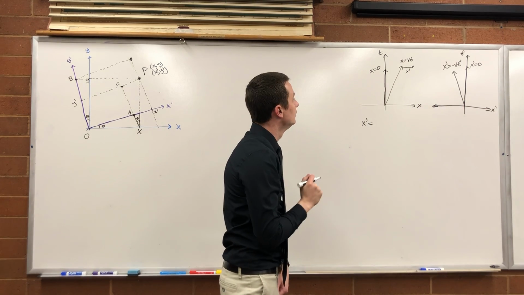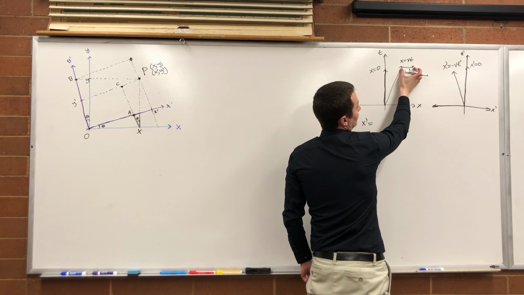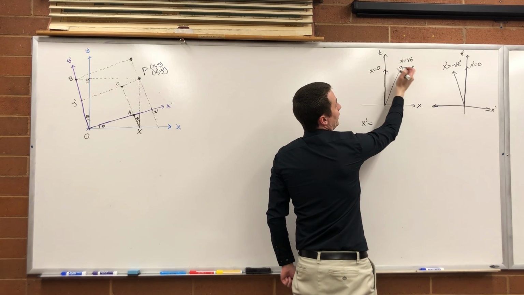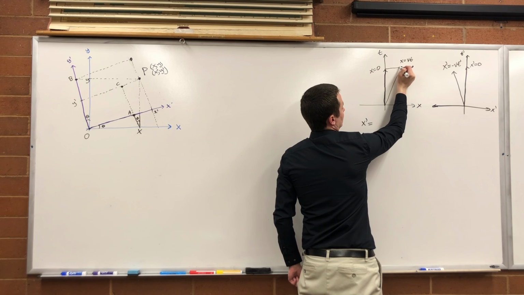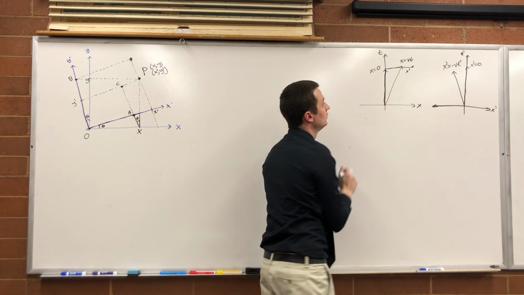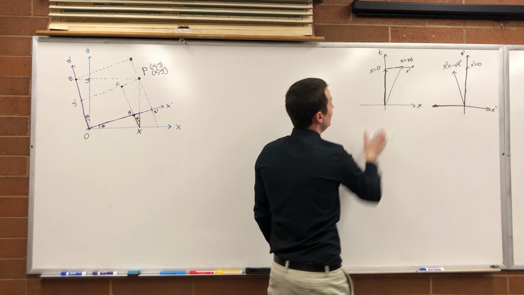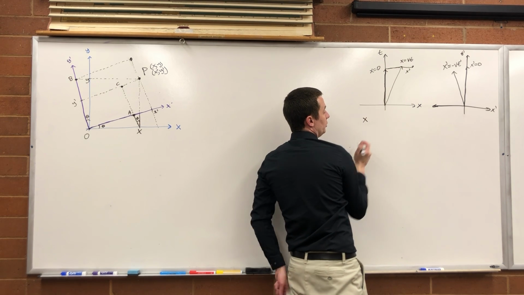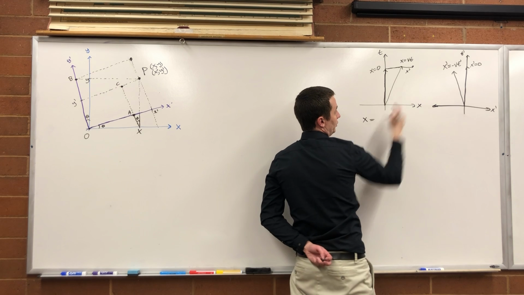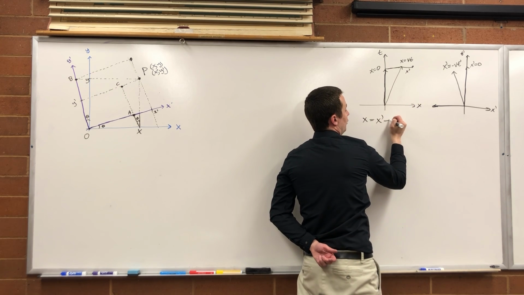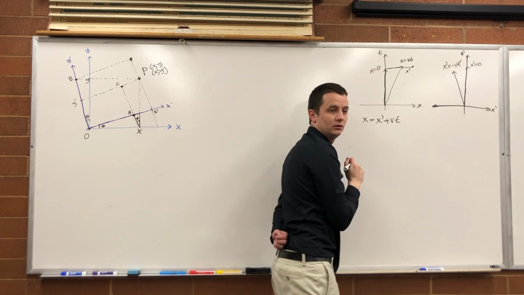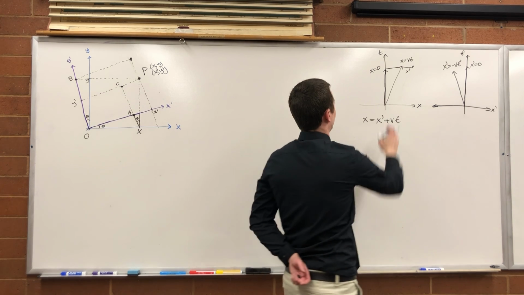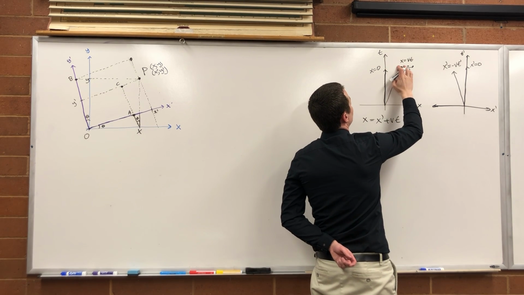So it's going to be that distance ahead of me, but then what is this distance right here? Your vt. So you know that the position you assign to it is equal to the position I assign to it plus vt. Pretty straightforward.